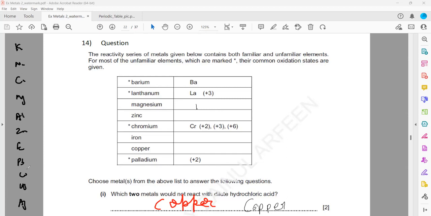So till here, elements which are above copper usually react with acid. Below copper does not react with acid. So you have to select the metals which would not react. It means copper and below cannot react, but those which are above can react with dilute acid.